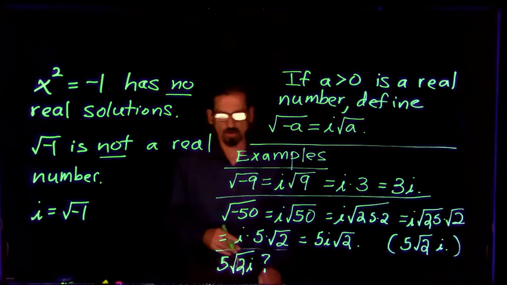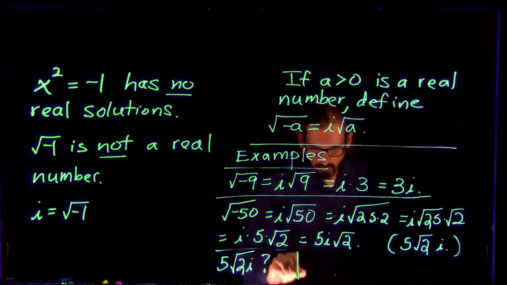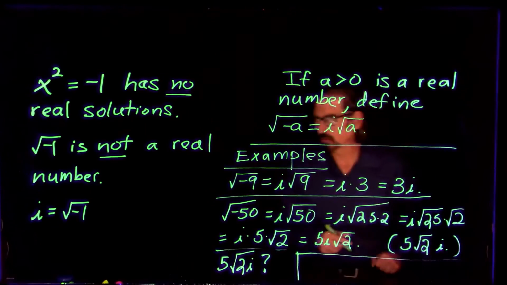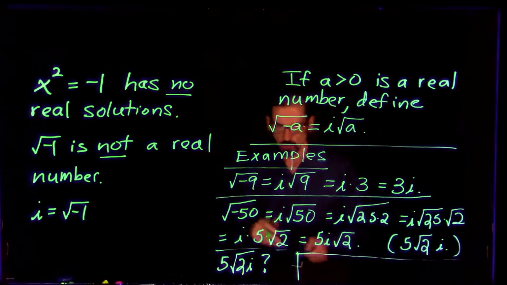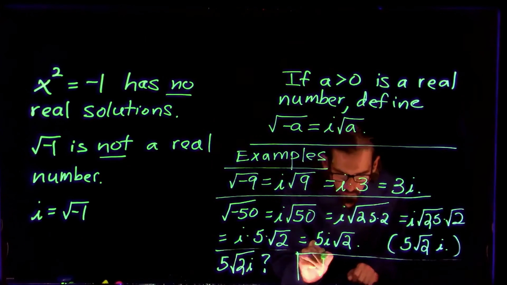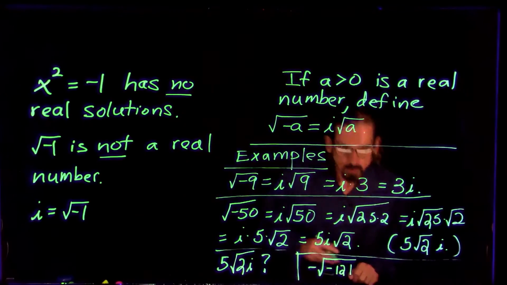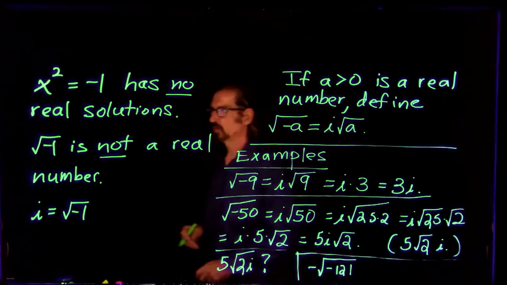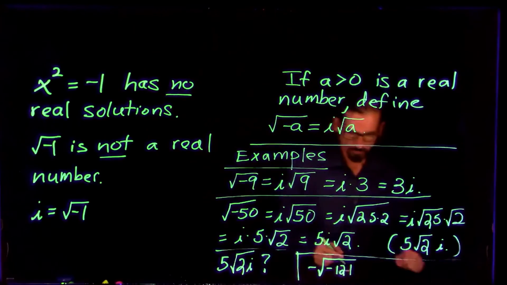And here's one more example. We have the square root of negative 121. Actually, let's go with the negative of the square root of negative 121. Those two negatives cannot get together. You've got that square root in the way.